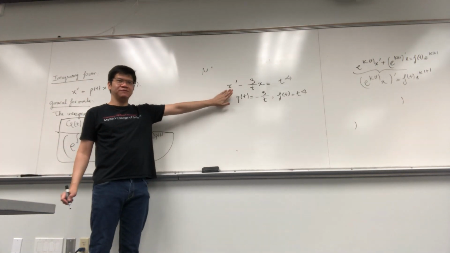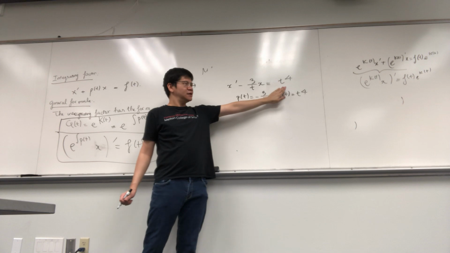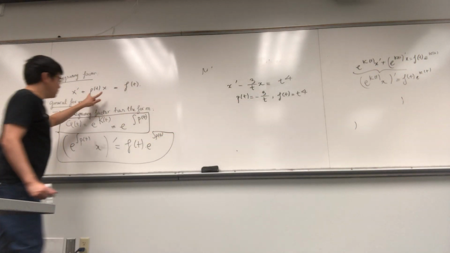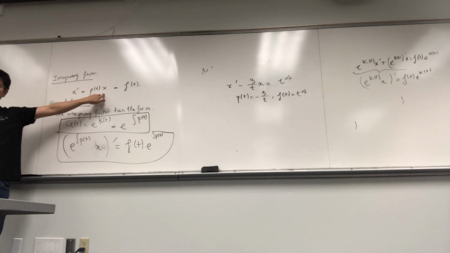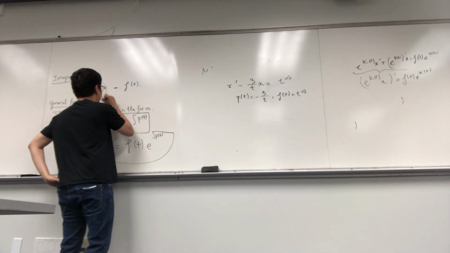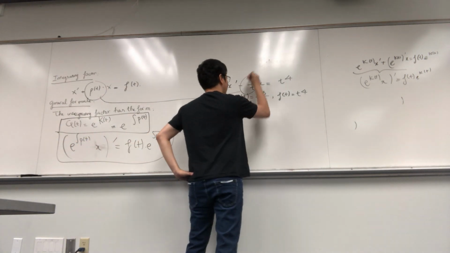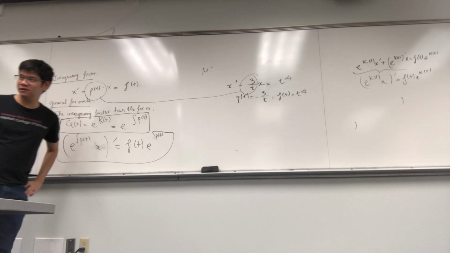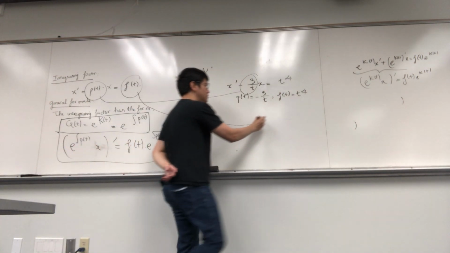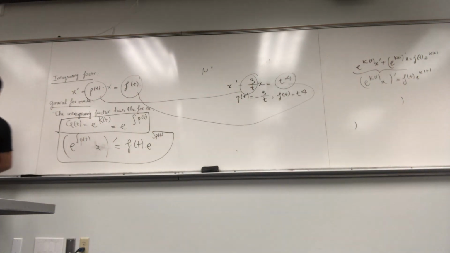Right, so in the previous exercise, we have x prime minus 3 over t x, and this is equal to t to the power 4. You identify with this form, you're going to get p(t) is going to be minus 3 over t. And you're going to get f(t) is going to be t to the power 4. All right?